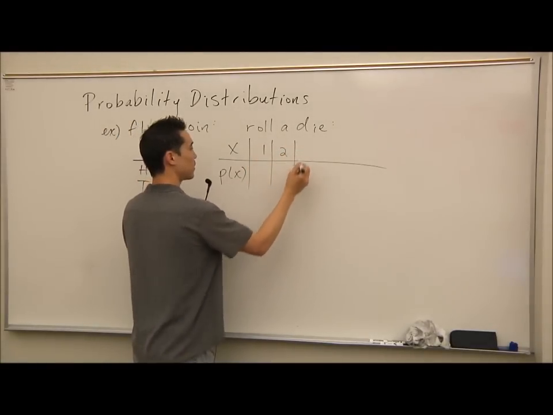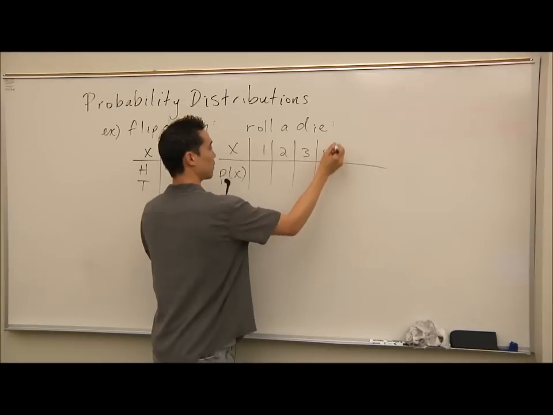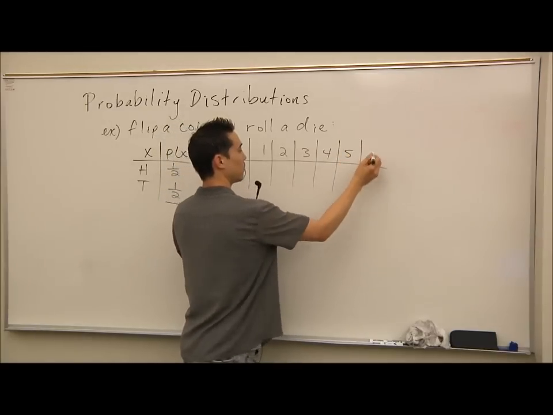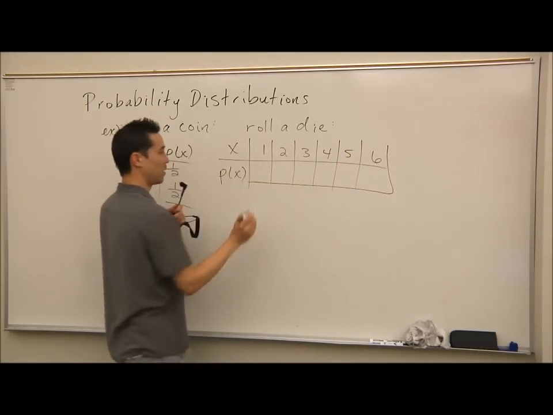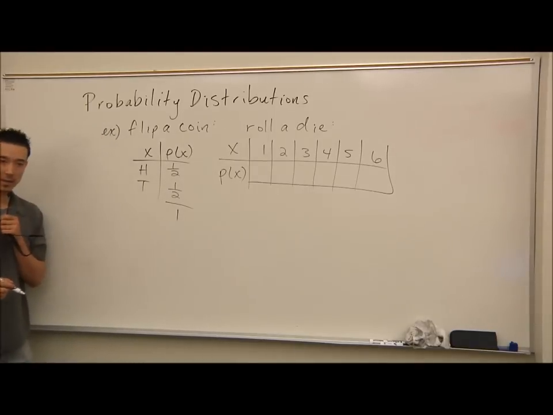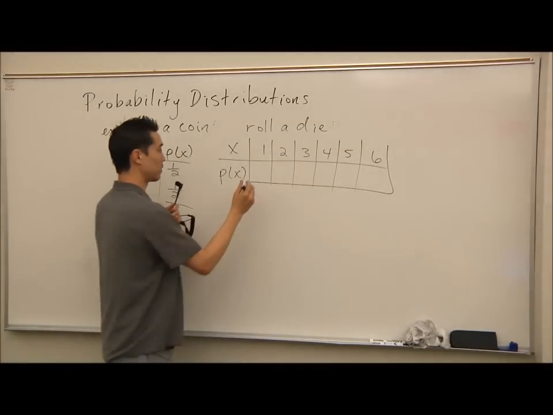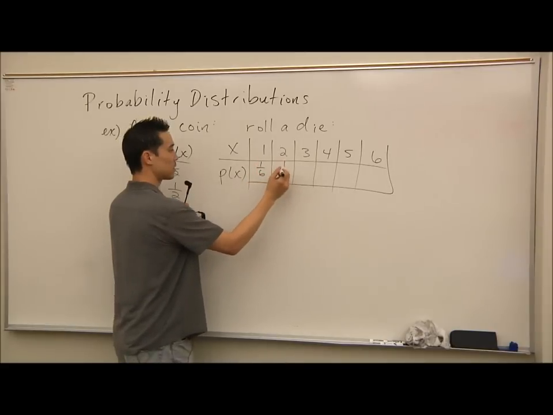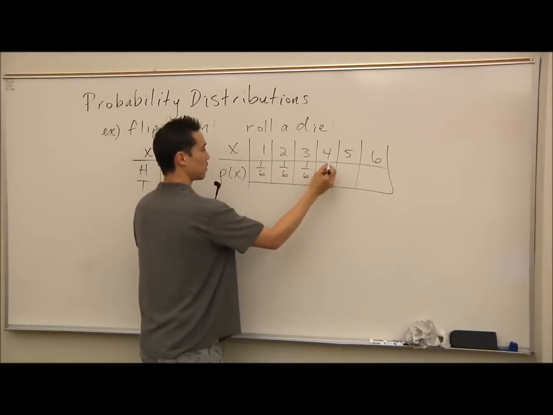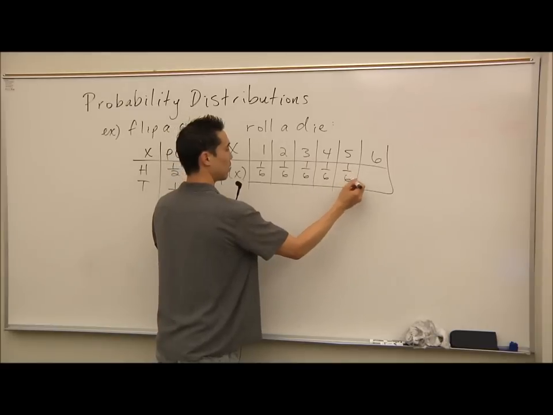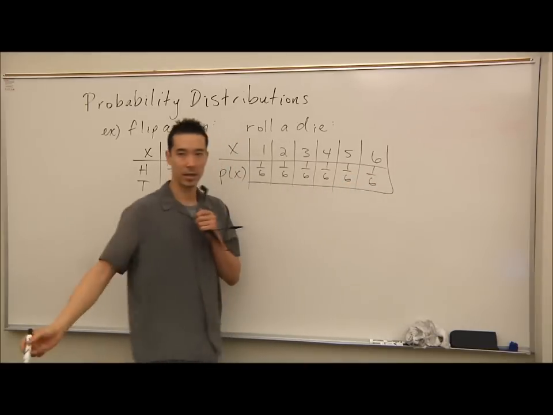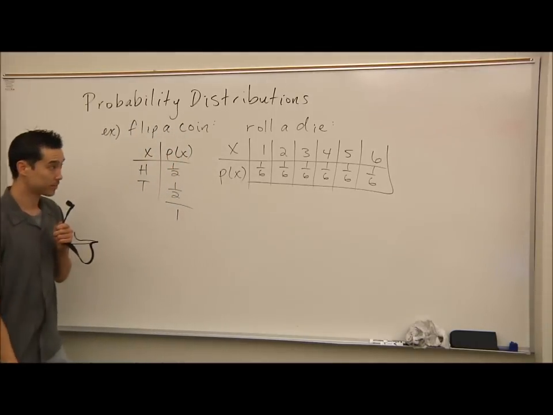Yep, 1 through 6. And then again, very similar to the last example, the probability is the same for all of those, right? So what's the probability of getting a 1? 1/6. On and on and on. And again, this is my probability distribution.